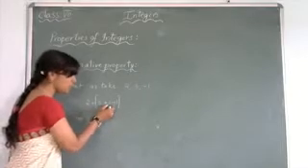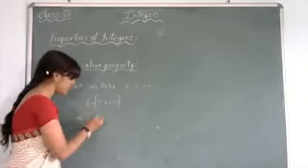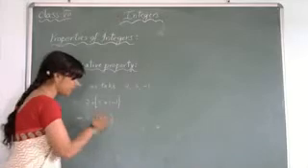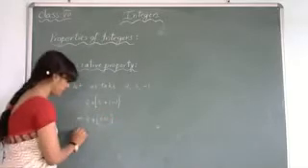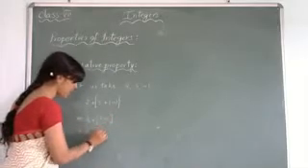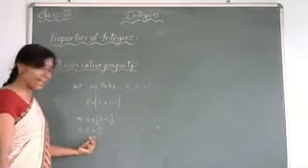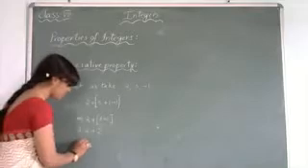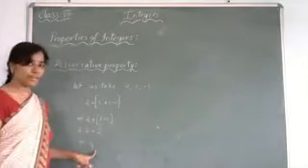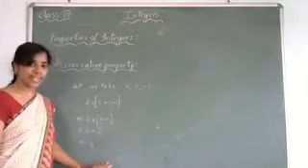So 3 plus of minus 1, that is subtraction, 3 minus 1, how much? 2. Then we add this 2 to the first 2. 2 plus 2, how much? 4. This is one way of adding three integers.